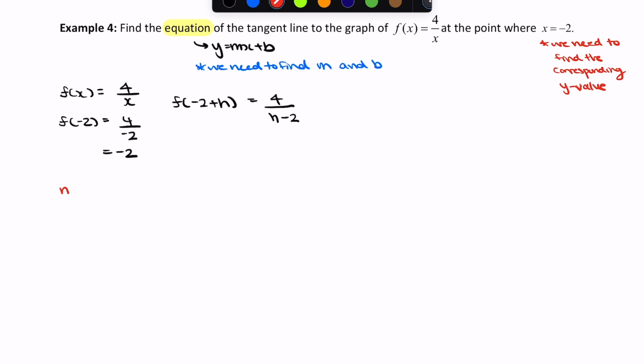So here, the slope is equal to the limit as h approaches 0, and if you remember our equation, it's f of a plus h minus f of a, all over h. In this situation, it's 4 over h minus 2, minus f of a, which here is -2, so minus -2, all over h.